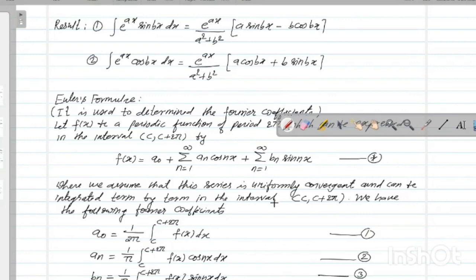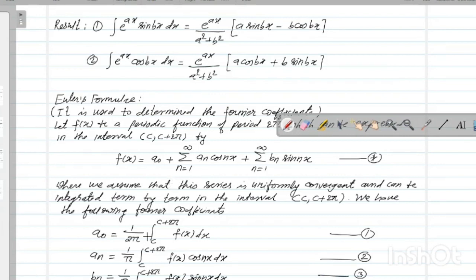Then our job is to find the Fourier coefficients of the Fourier series. So we first determine a naught by using this formula, then we determine a n, and then b n using these formulas. After finding the Fourier coefficients a naught, a n and b n, we substitute them in equation number star, and that will be your required Fourier series of the given function.